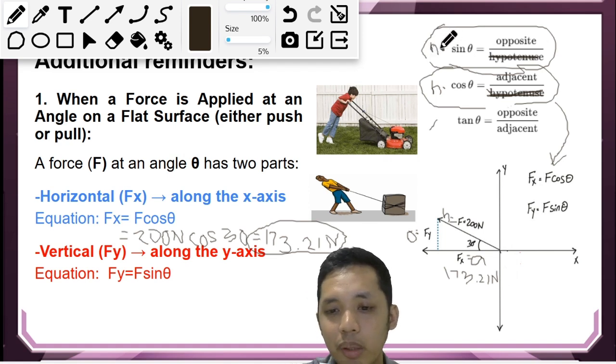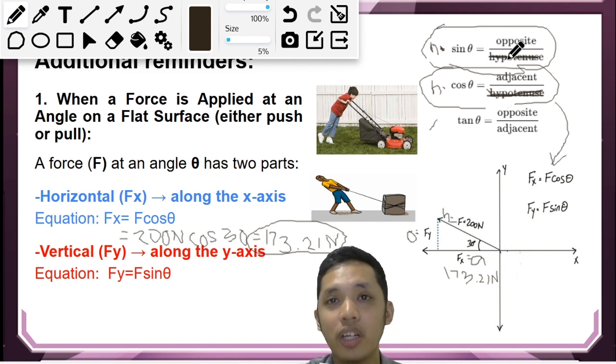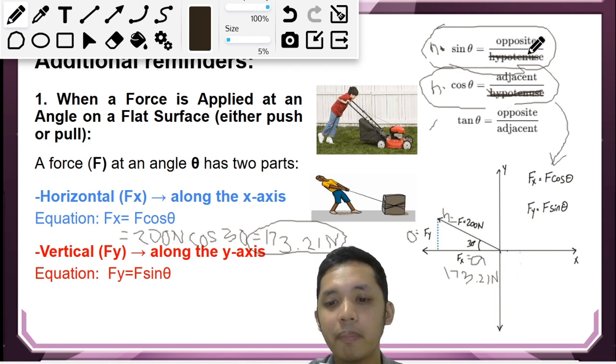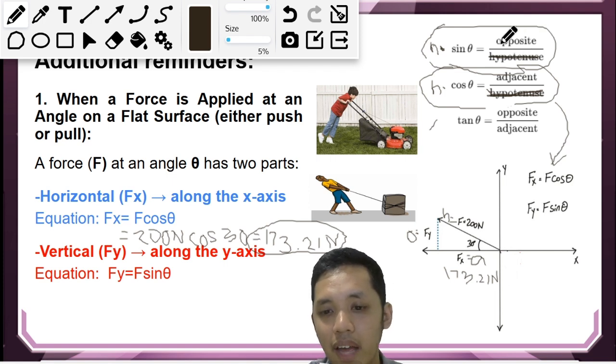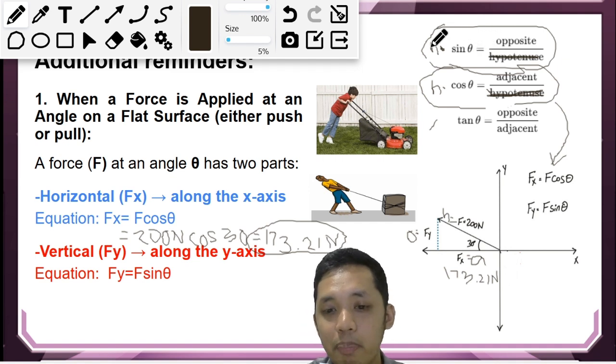So our equation will be opposite side, which is f of y. Fy could be called that one as well. Opposite, or f of y, is equal to the hypotenuse, which is our overall applied force, times sine theta, or the angle.